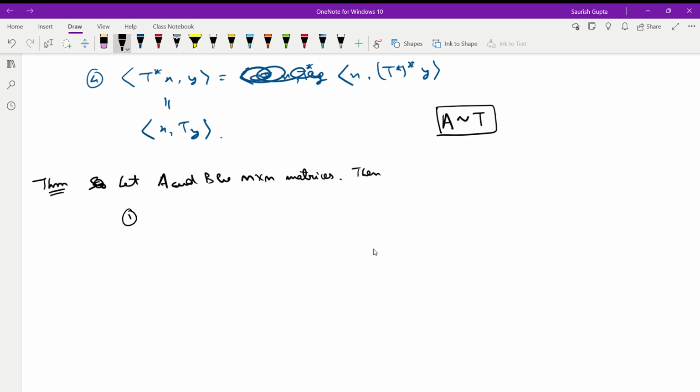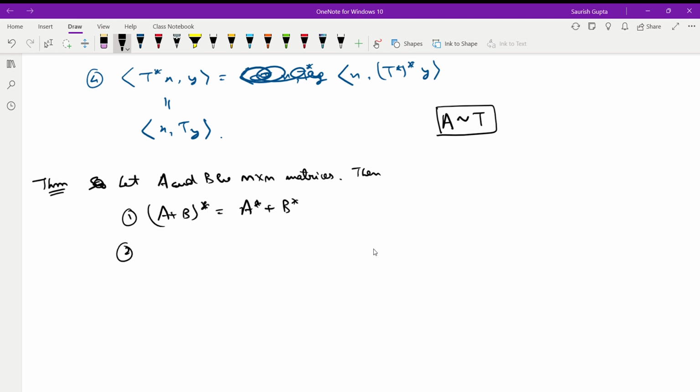Then what I can say is, number 1: when we are talking about finite dimensional matrices and we are talking about the conjugate transpose of these matrices, because you know that the matrix of the adjoint operator simply gives the conjugate transpose of it, so we are obviously confident about its existence. So what we can say is that (A+B)* is the same as A* + B*. Now see, these statements you can directly prove using matrix manipulation as well.